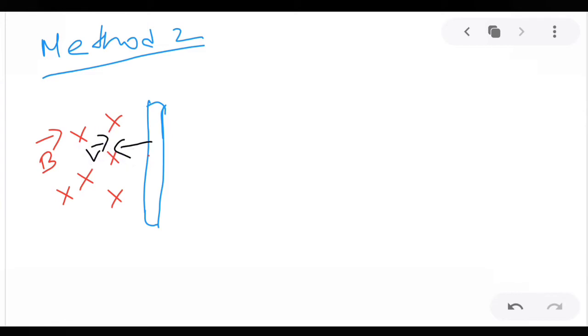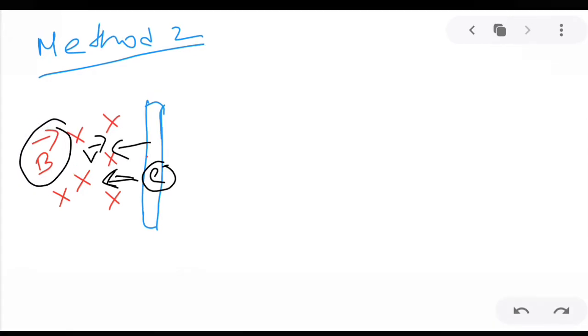Okay, now this conductor has electrons. This conductor is moving in this direction, so that means these electrons are also moving in this direction, along with the conductor, and there is a magnetic field.